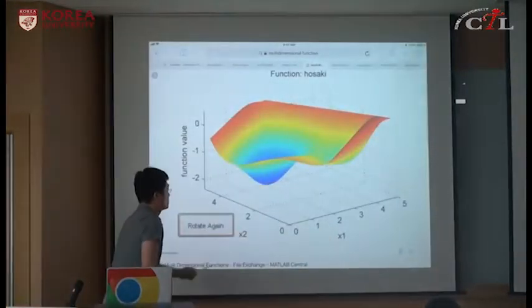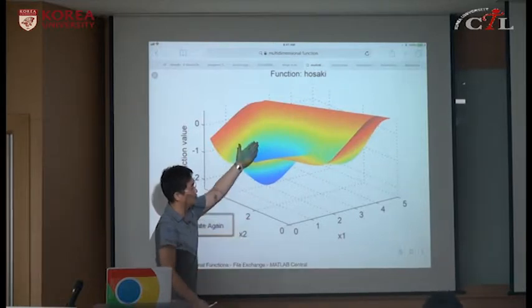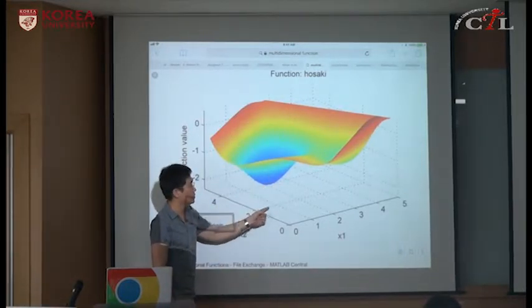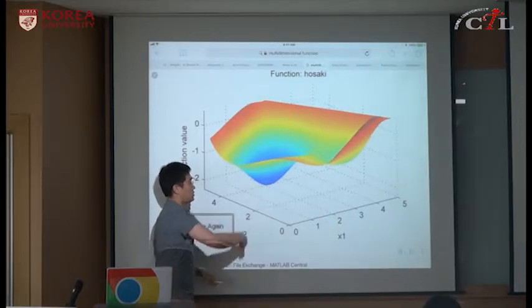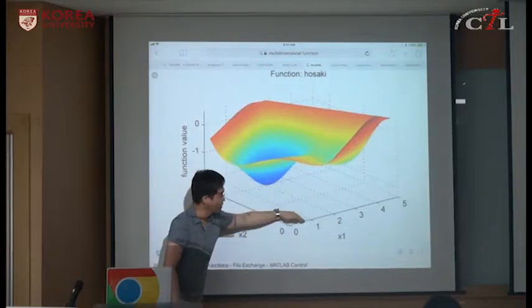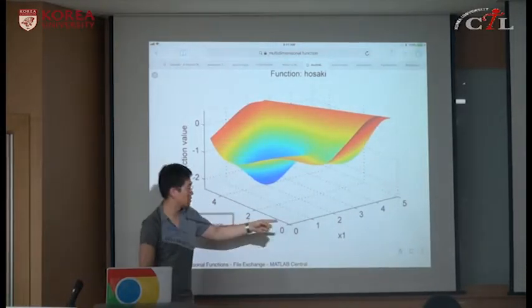So at this point, we previously cut through this line, and then we can also cut it through this parallel line that fixes x1 as the value x1.